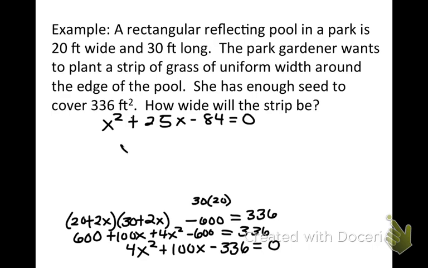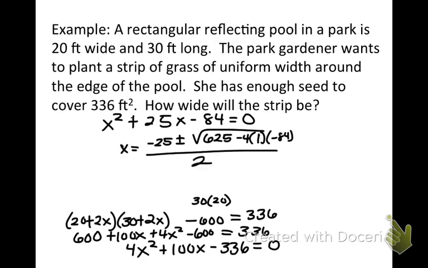Quadratic formula. x equals negative 25 plus or minus, 25 squared is 625, minus 4 times your a times your c, all over 2 times your a. 625 minus 4 times 1 times negative 84.